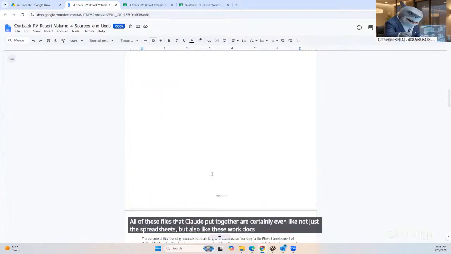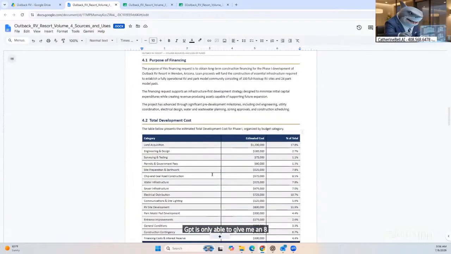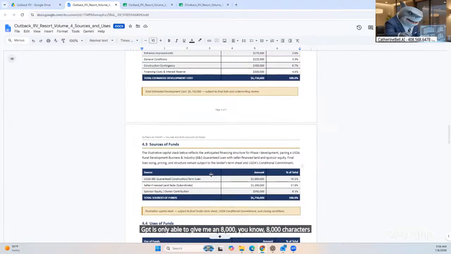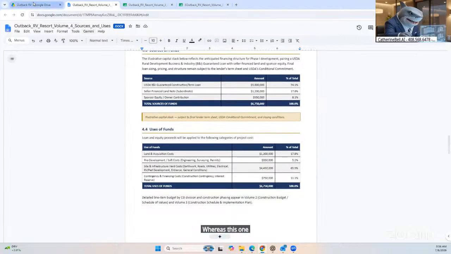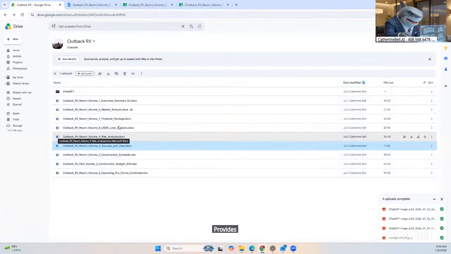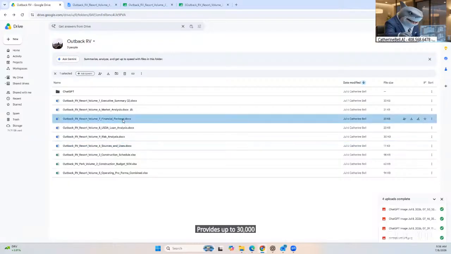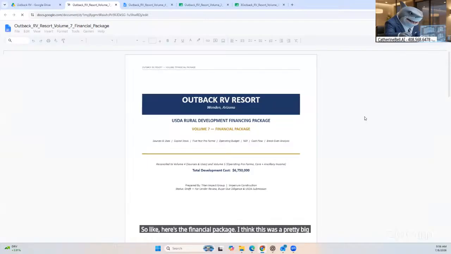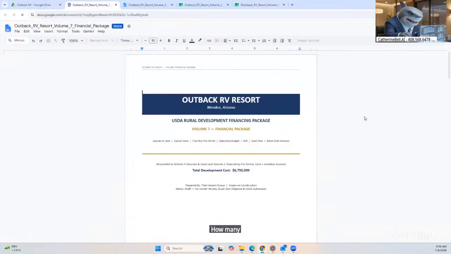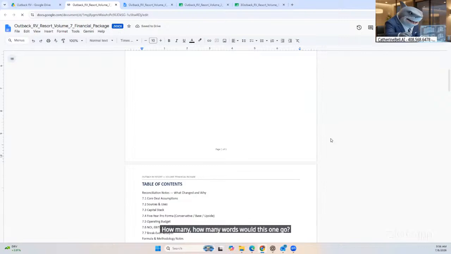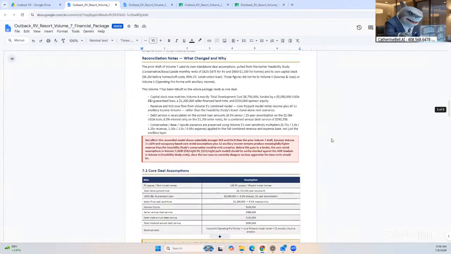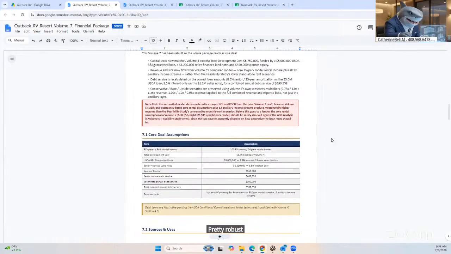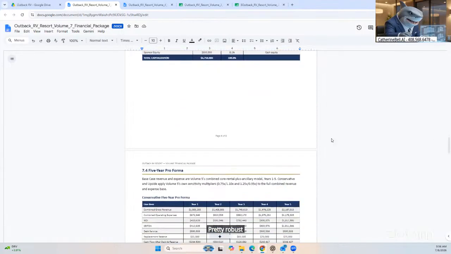GPT is only able to give me 8,000 characters, whereas this one provides up to 30,000. So here's the financial package. I think this was a pretty big document. How many words did this one go? No, 8 pages. Pretty robust. Way more than 8,000 words.